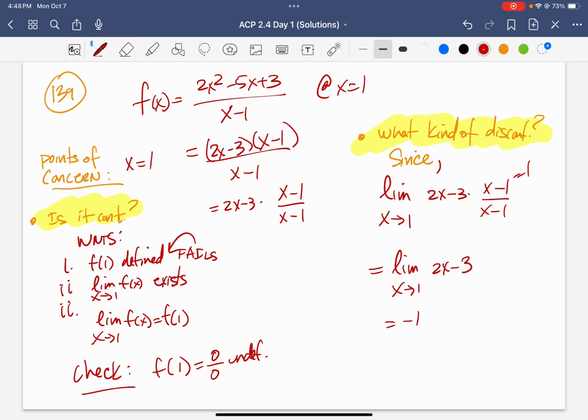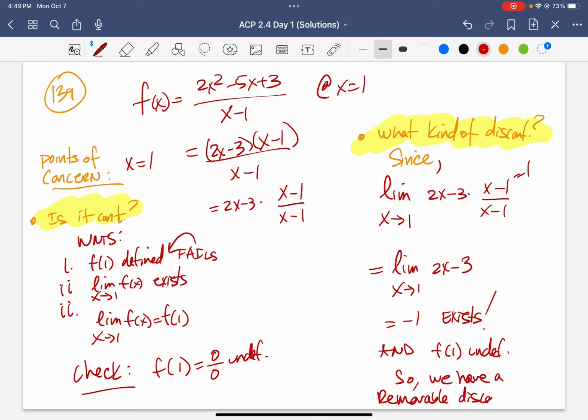So that means the limit exists, and f of 1 is undefined. So we have a removable discontinuity, also known as a hole.